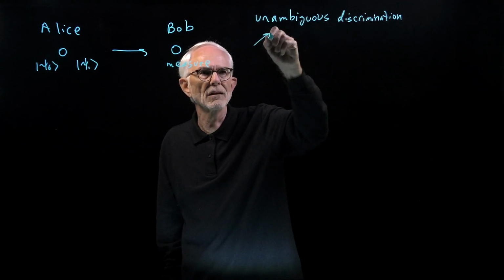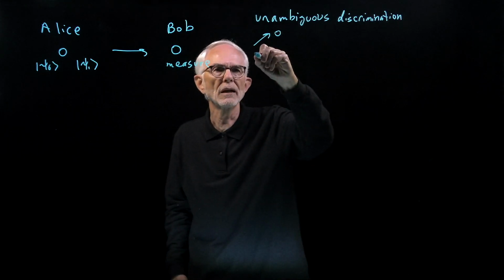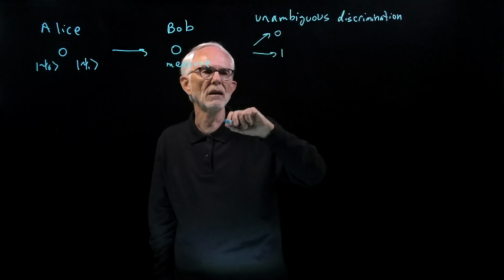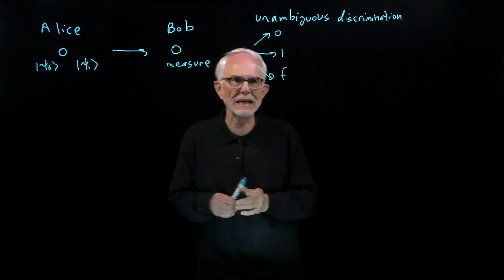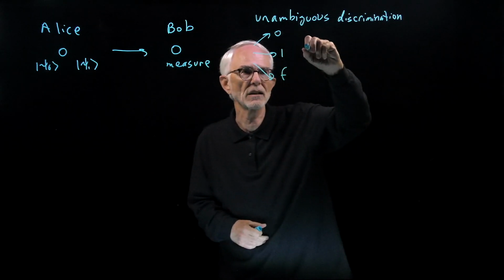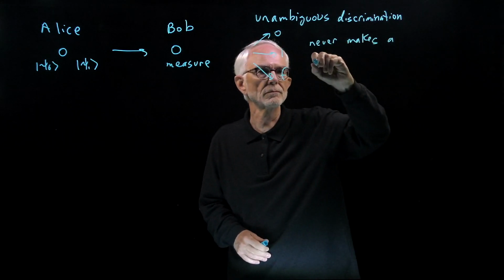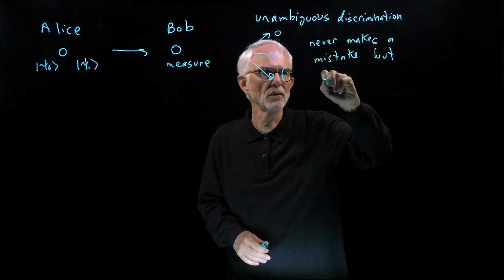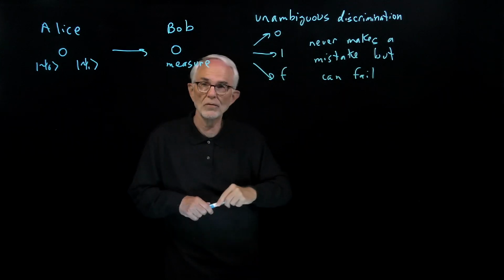He can either get 0, which tells him that the state was psi 0. He can get 1, which tells him that the state was psi 1. And he can get a third result, which I'm going to call F for fail. So in this measurement, it never makes a mistake, but it can fail. And it lets you know when it fails.